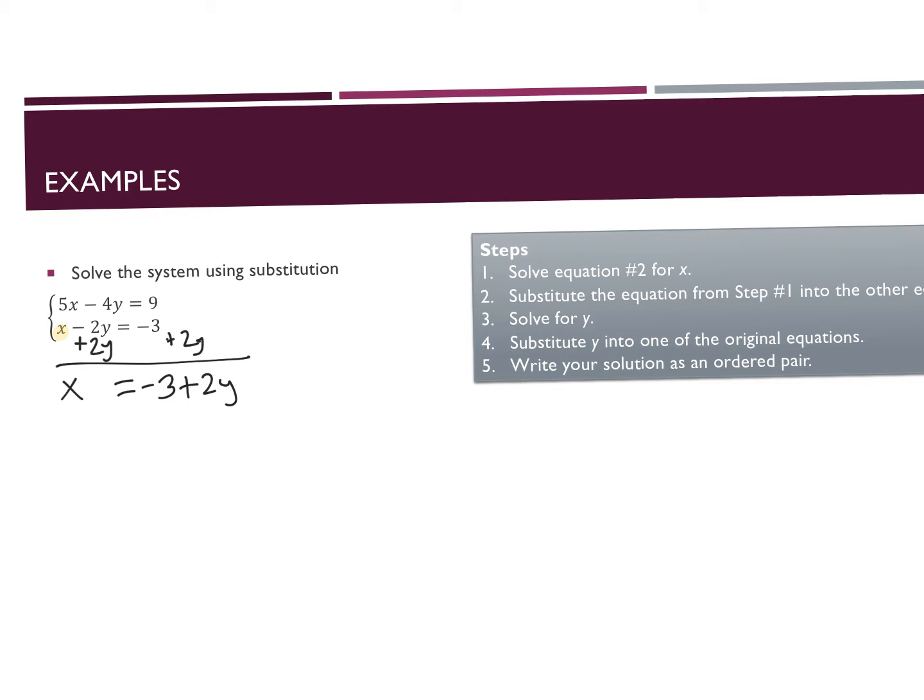If we look at step 2, we're going to substitute the equation from step 1 into the other equation. Okay, so what that means is I'm going to take what x equals and replace it into the other x.